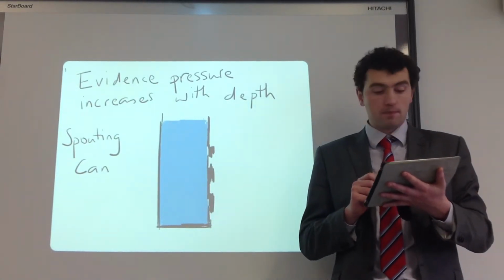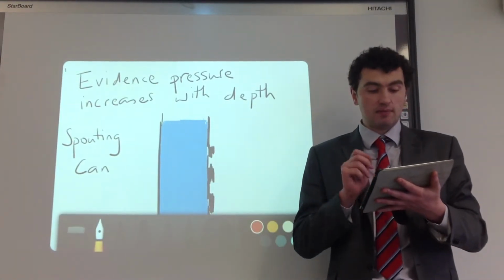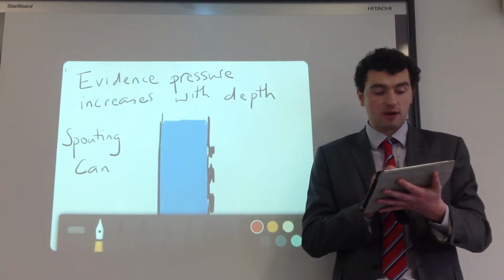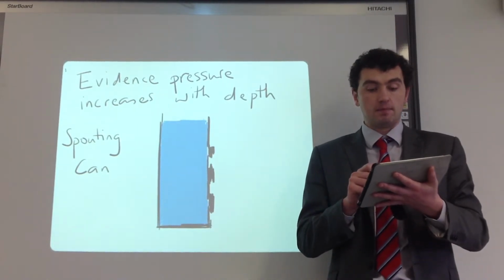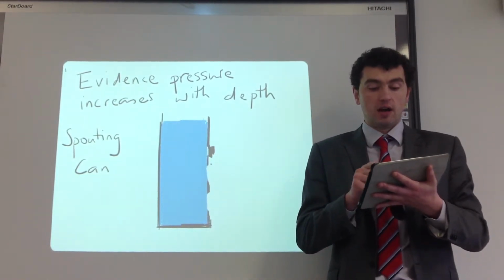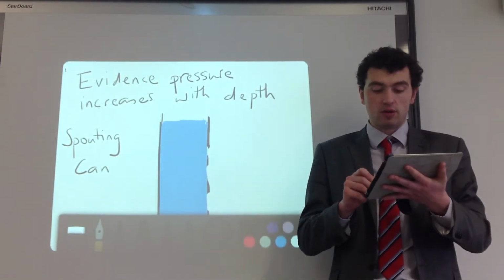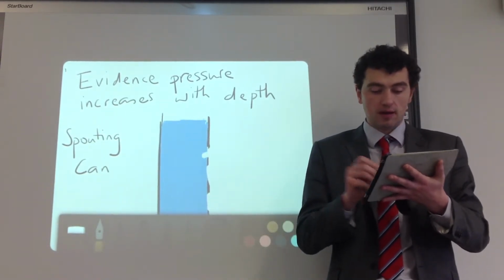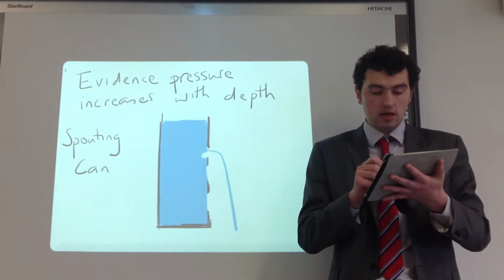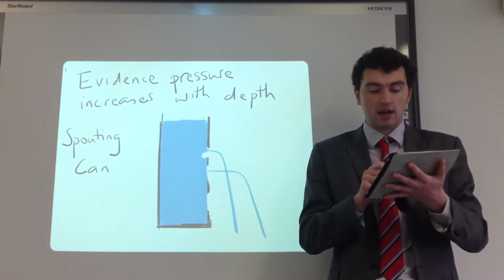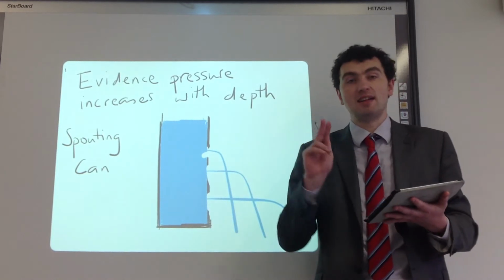The evidence for pressure acting in all directions can be seen from the spouting can experiment. If I have a can full of water and I punch some holes in it, the water will come out the side, so it will come out a little bit at the top, a bit more in the middle, and a lot at the bottom. This tells us two things.